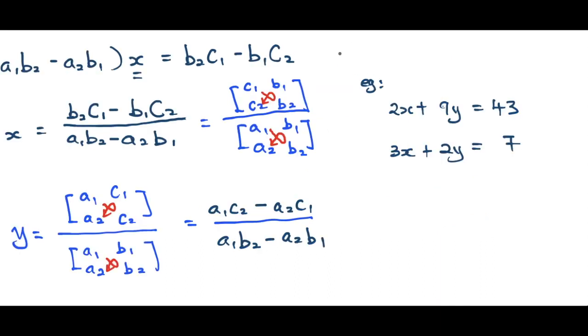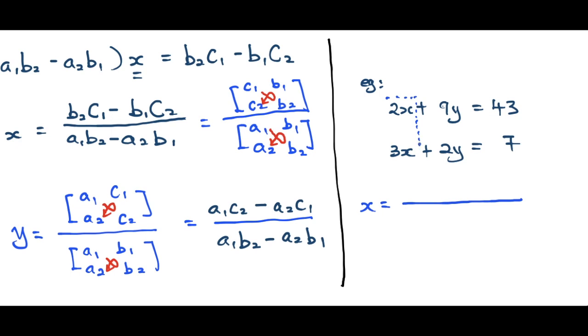Now previously I've shown you the theory of how Cramer's rule can be used to solve simultaneous equations. During the exam, if the question never specifies which method you should use, why not use Cramer's rule? The first rule is you must arrange your x and y in column form. Make sure that it aligns x and x, y and y. Then my x value should equal, so I just need to replace the x column by the coefficient column.